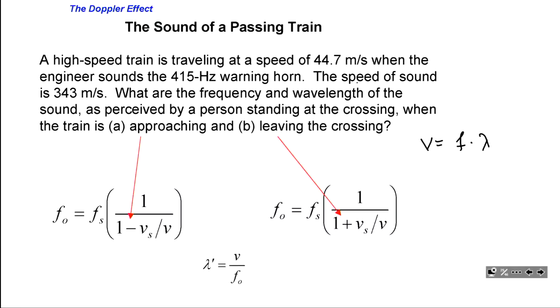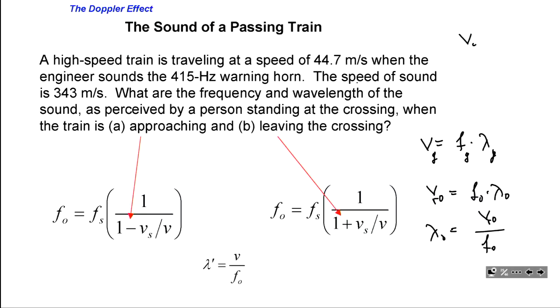This equation can be written relative to the ground, but the same equation can be written relative to the observer. So the wavelength will be equal to the speed of the sound relative to the observer, divided by the frequency of the sound measured by the observer.